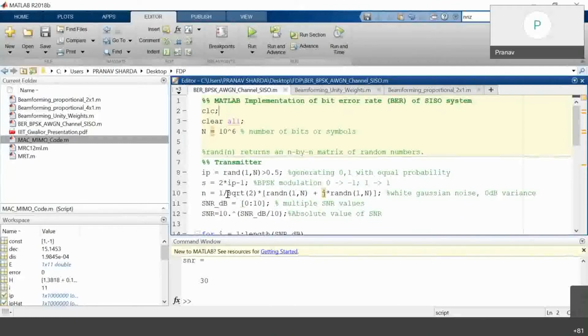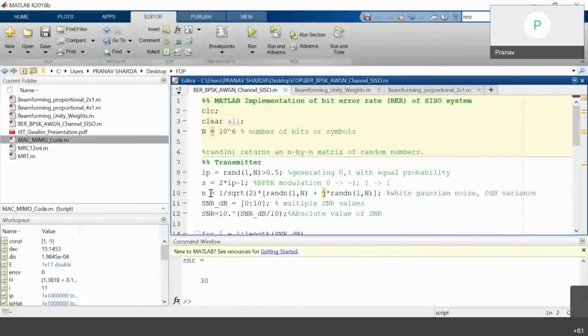This constellation corresponds to a BPSK modulation scheme, binary phase shift keying, wherein we have two possible symbols, 1 or minus 1. So we have defined our constellation wherein either 1 or minus 1 will be transmitted. Then we have a variable n in line number 10.